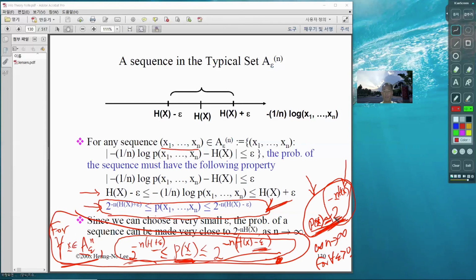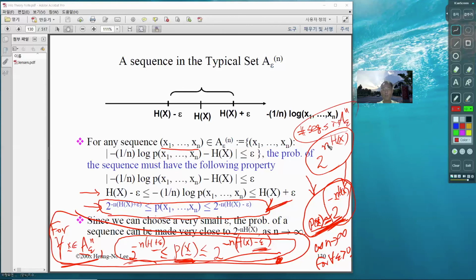That means, because they all have equal probability, the size of the typical set should be the inverse of this probability, which is 2 to the power of nH(X). So that is the number of sequences in the typical set A epsilon n.